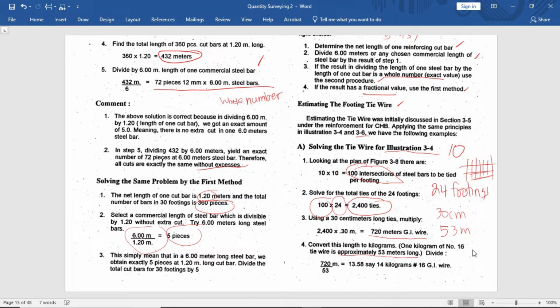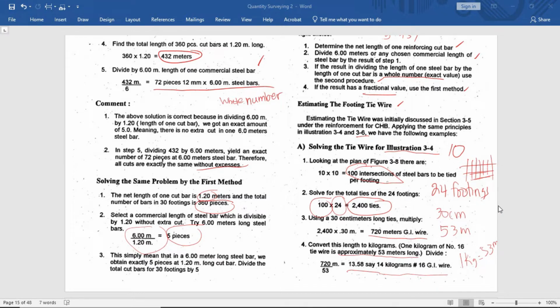So, i-divide natin yung 720 meters divided by 53 meters, since 1 kilogram is equal to 53 meters length of number 16 GI tie wire. So, lalabas in kilogram is 13.58, say 14 kilograms of GI wire.